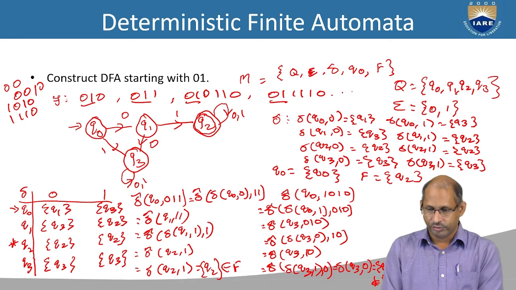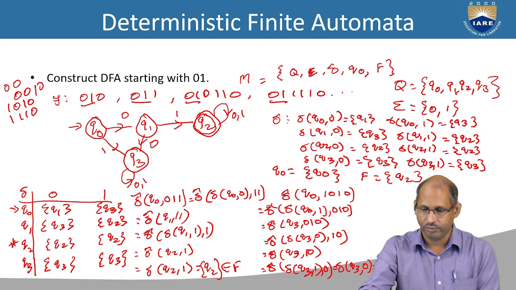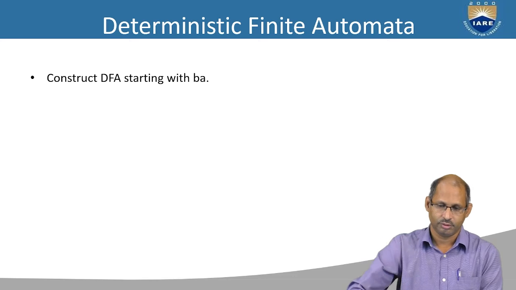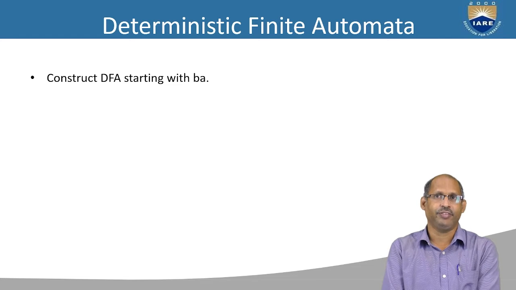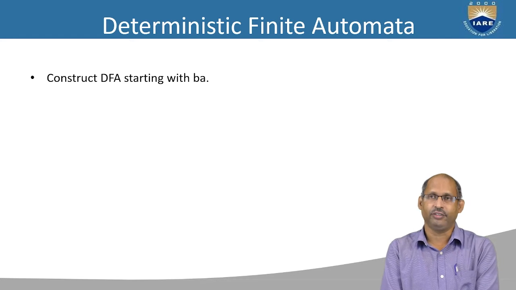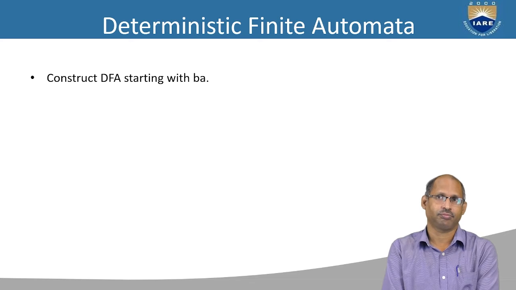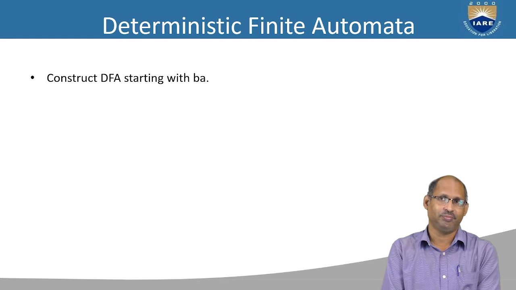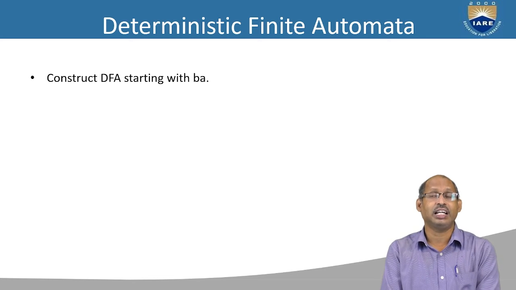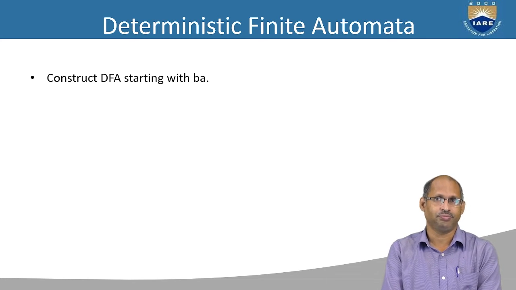Right? So we'll see one more example here. Construct a DFA starting with BA. If a string starts with B followed by A only, then the string is accepted. Otherwise, the strings are not accepted.